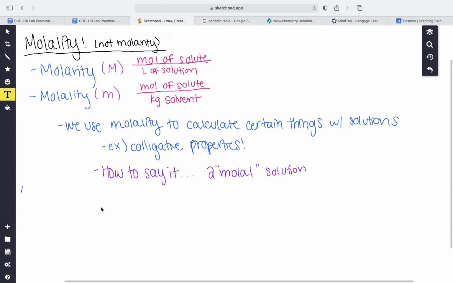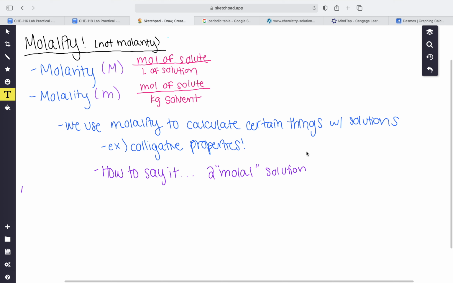So molarity, what we know before, our good old capital M, is moles of solute divided by liters of solution. So you have a 0.1 molar solution of hydrochloric acid, which we've worked with in the lab. Then molality is what we're going to use to calculate certain things with solutions, our colligative properties, which we went over a little bit already in class and I'll be going over in a few videos from now.